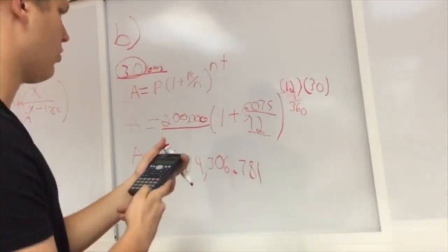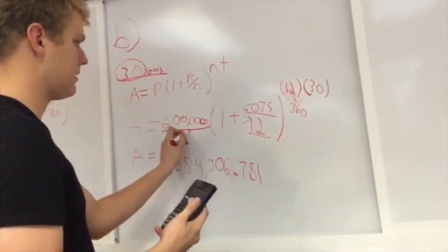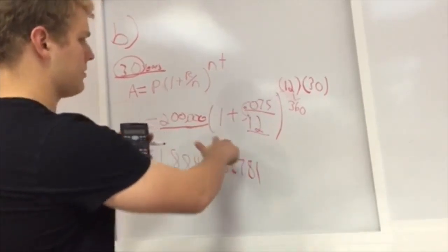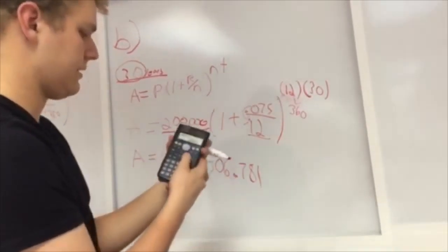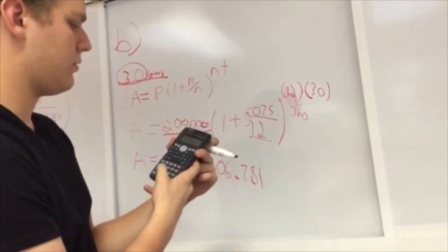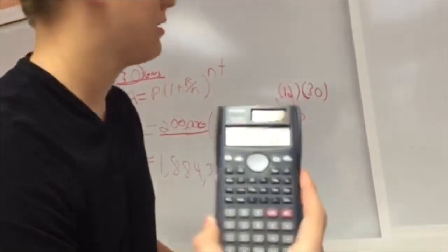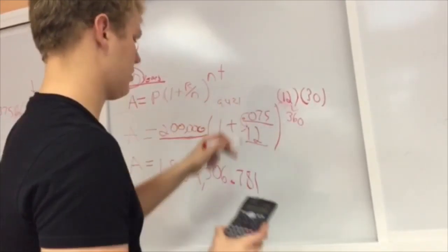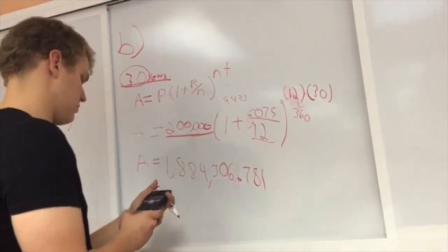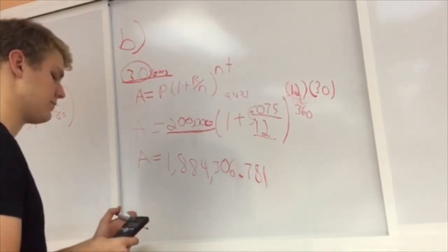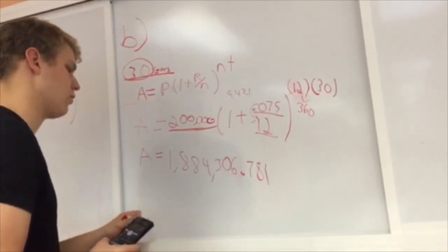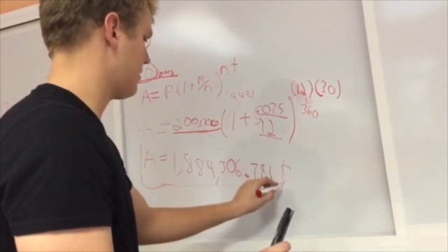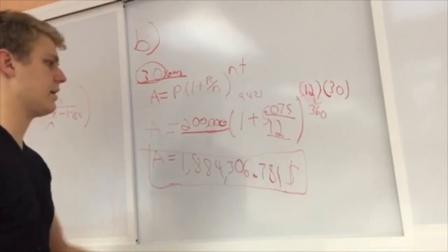After that, you add 1, and you do this number to the power of 360, which is going to give you 9.421. Then you multiply this number by 200,000, which is going to give you 1,884,306.781, which is the amount you're going to pay in 30 years because of the interest rate.